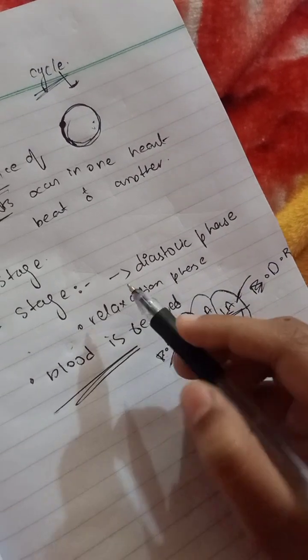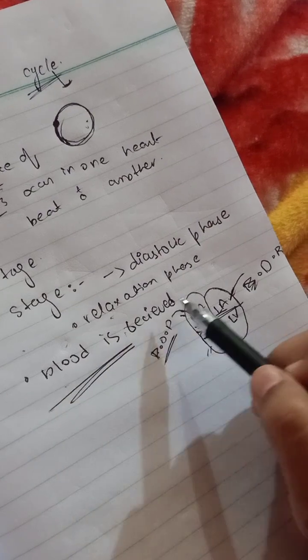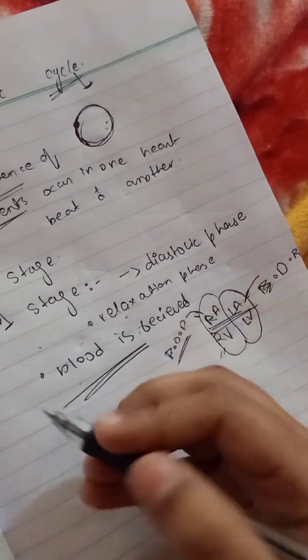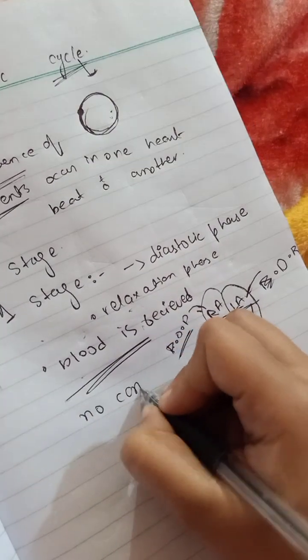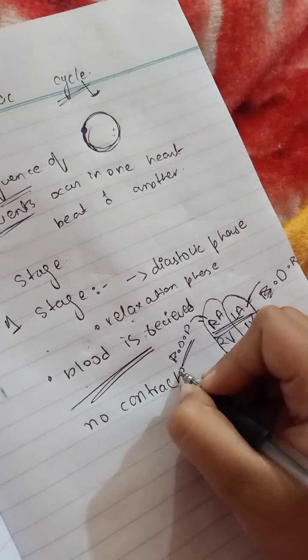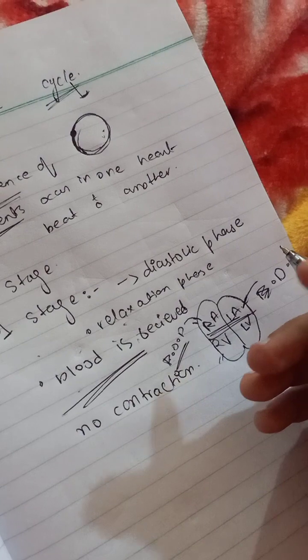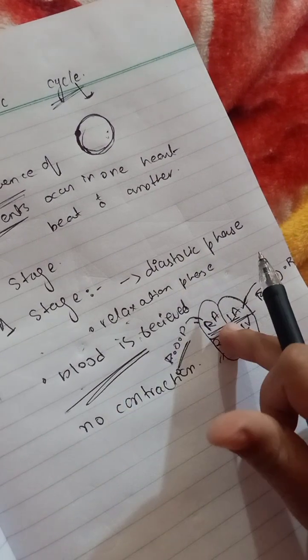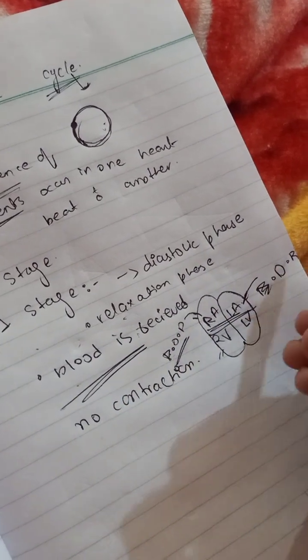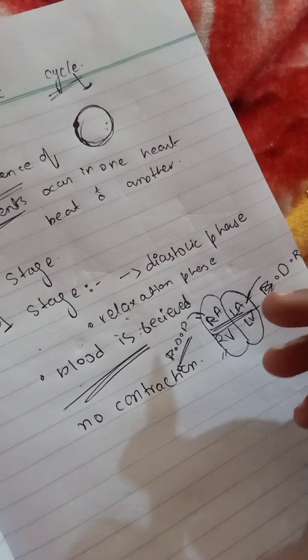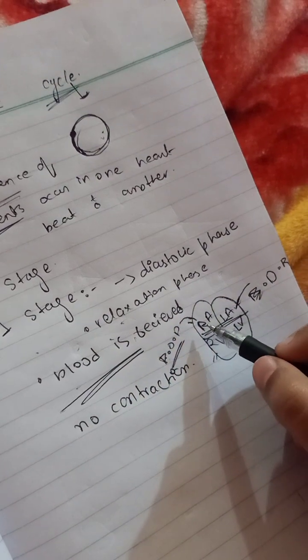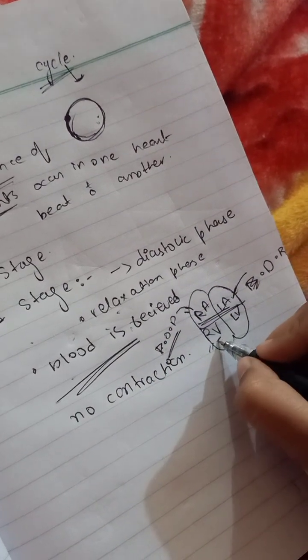The blood is received into the right atrium and the left atrium, so we call this the relaxation phase. There is no contraction in the chambers. From the vena cava and coronary vein, the deoxygenated blood will move to the right atrium, and after that into the right ventricle.